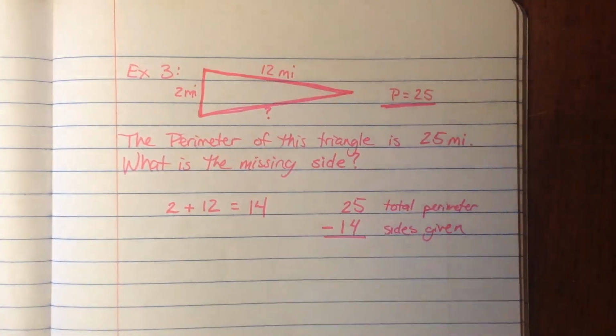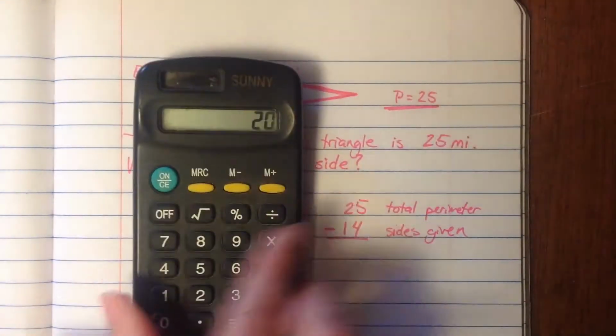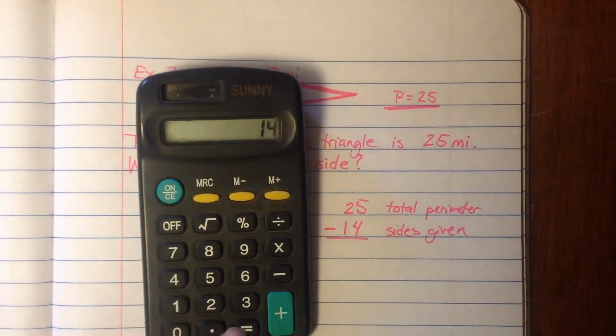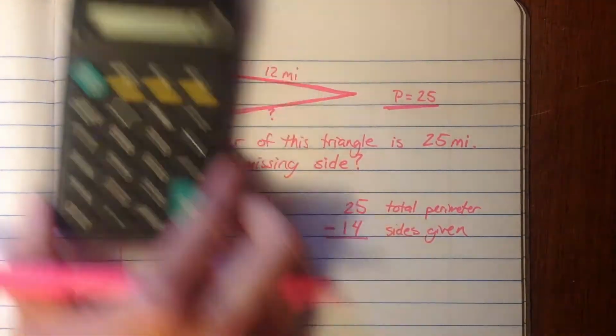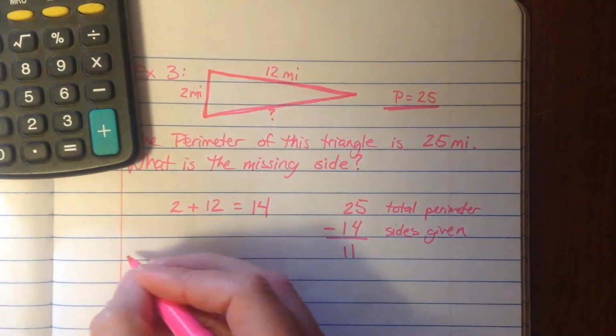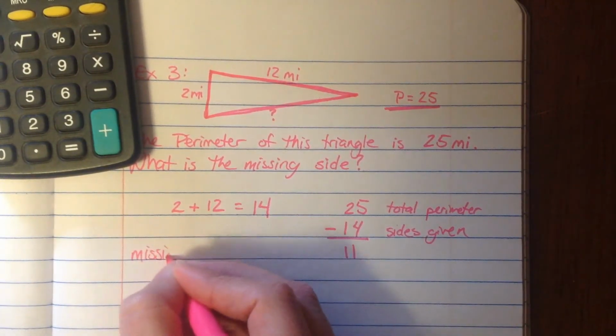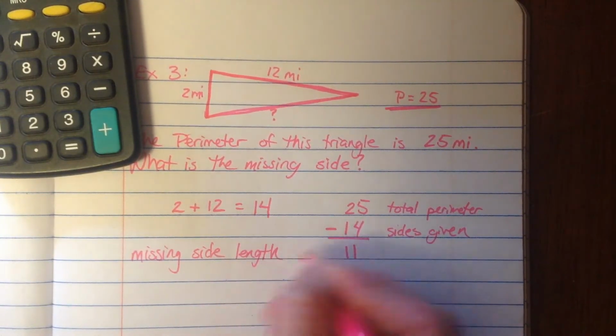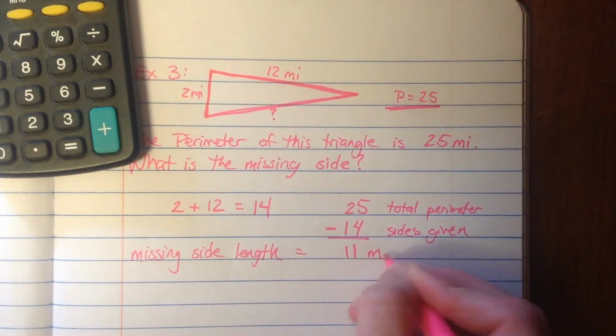So I'm going to subtract in order to find that missing amount. And so we take 25, subtract 14 away. You might be able to do that mentally or by hand, and that gives us 11. So the missing side is equal to 11 miles.